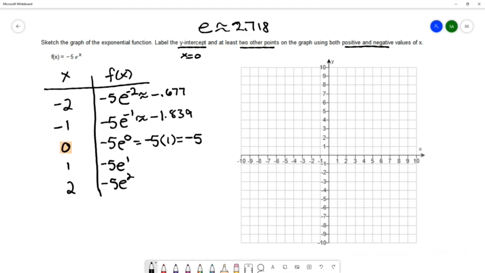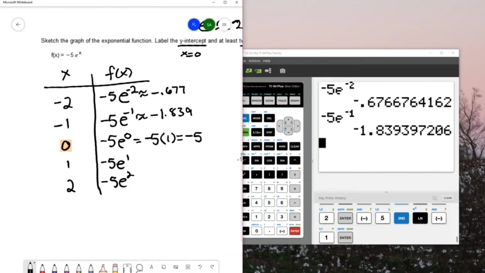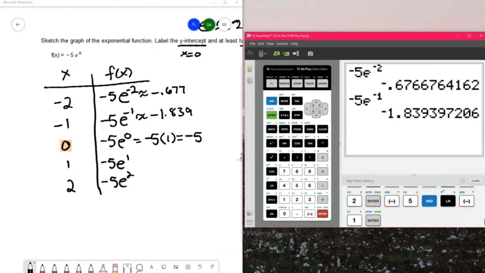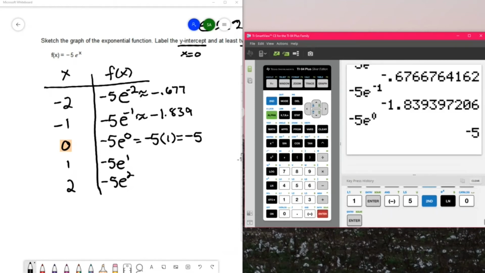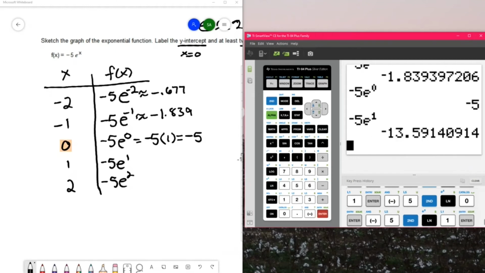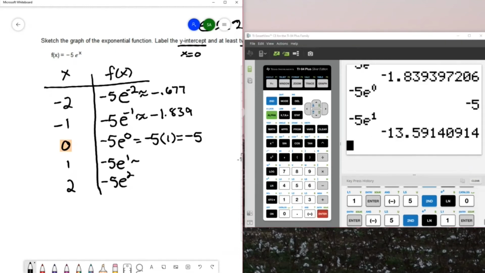We've already worked out -5 e to the 0, but let's just confirm it here. -5 e to the 0 power gives us -5. -5 e to the first power is approximately -13.591.